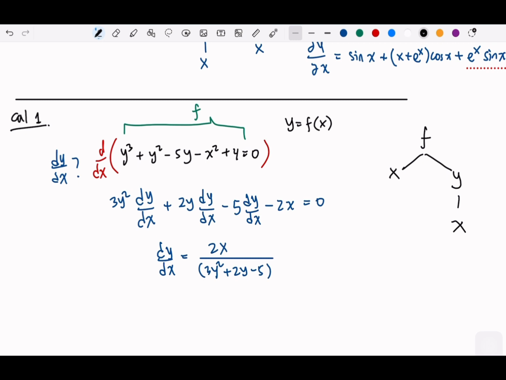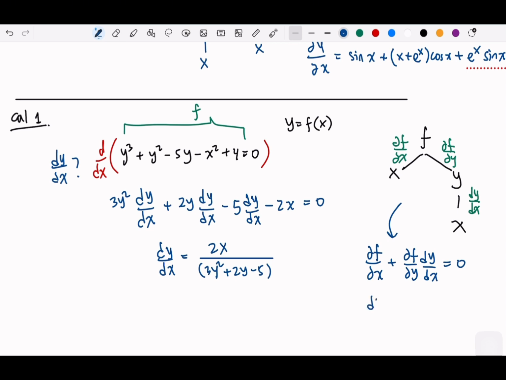So based on the chain rule that we have in the partial derivative, we can process what we have in calculus 1 through the same reasons as in the partials. So here becomes dou f dou x, plus dou f dou y times dy dx, which equals 0.